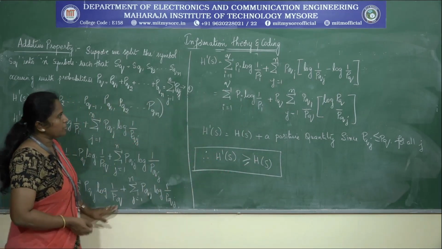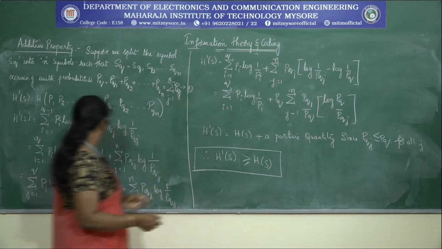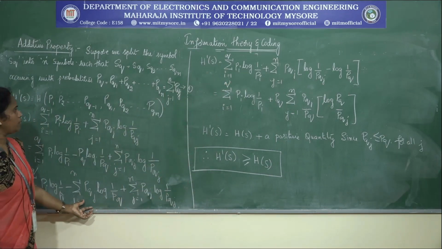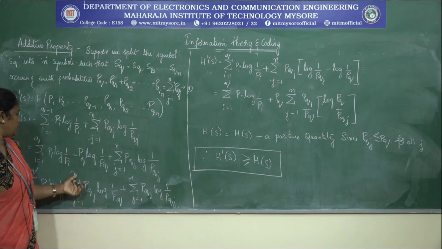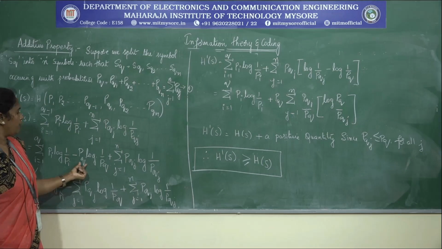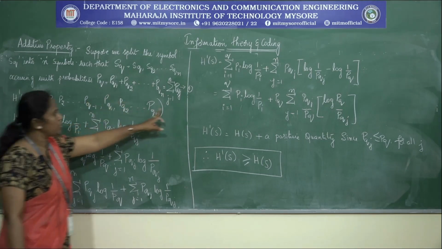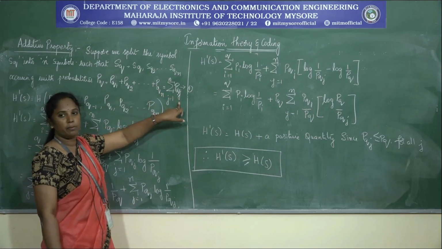So further, why we have considered it as Pqj: summation of j is equal to 1 to n Pqj means Pq, the value of Pq which we considered initially is Pq is equal to summation of j is equal to 1 to n Pqj.